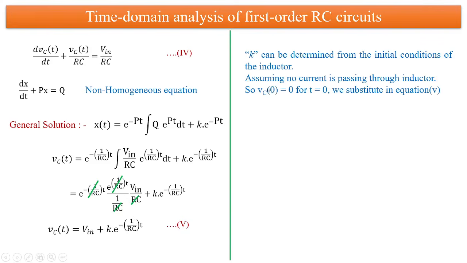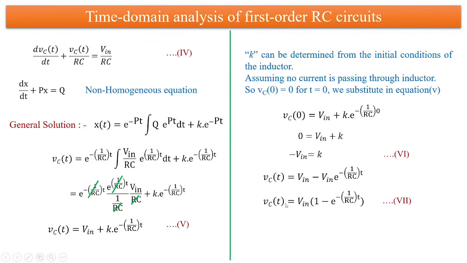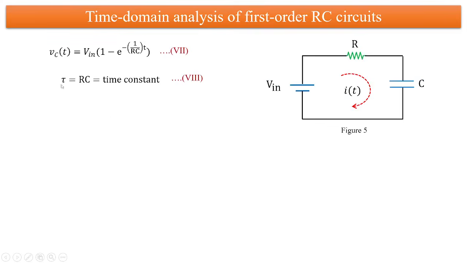Now we can determine the value of k like what we have done with the RL circuit. So the k value here is obtained to be minus V in. In fact, the voltage across the capacitor is obtained to be V in of 1 minus e power minus t by tau. What is this tau? Again, it is a time constant. So here the time constant is RC. For RL it is L by R, and for RC it is RC.